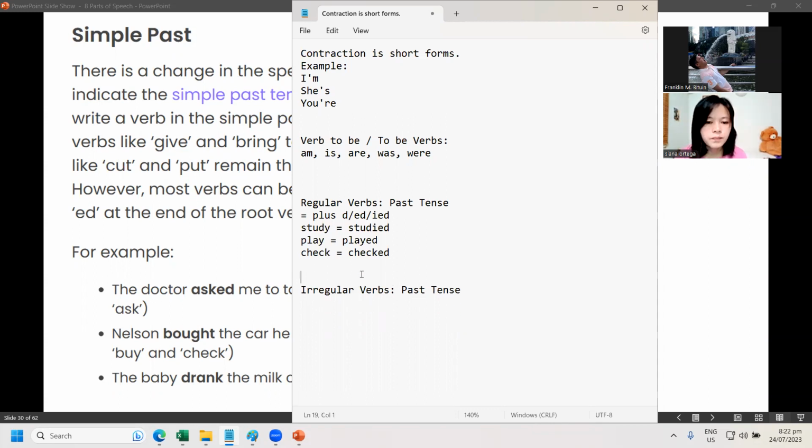For the irregular verbs, the past tense will change. You say buy, bought. Bring, brought. You say drink, the past tense is drank. A is always the past tense because the U is the past participle.